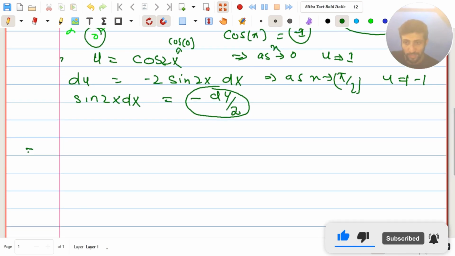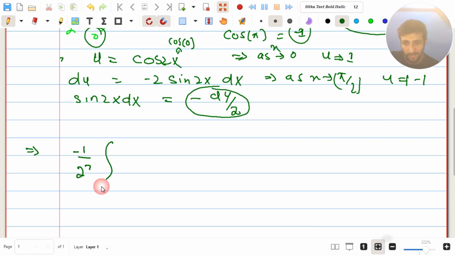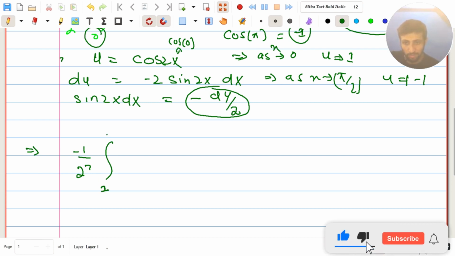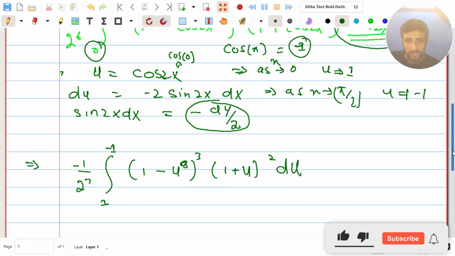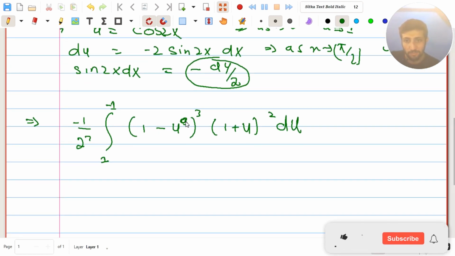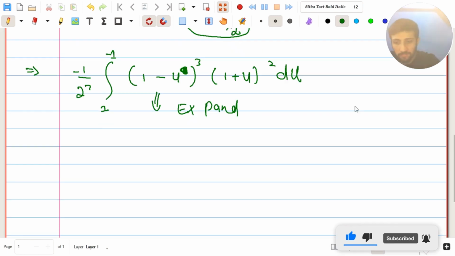So now you just need to plug in the values again, and I am getting minus (1 over 2) to the power 7 times the integral from 1 to minus 1 of (1 minus u) cubed times (1 plus u) squared du. Now I can't simply use a formula to integrate this directly, so I need to expand using the formulas for (a minus b) cubed and (a plus b) squared.